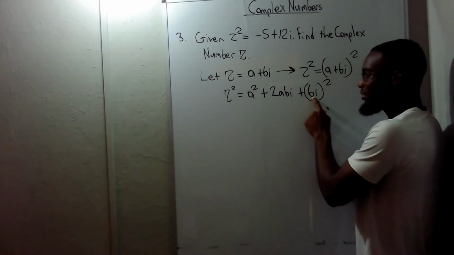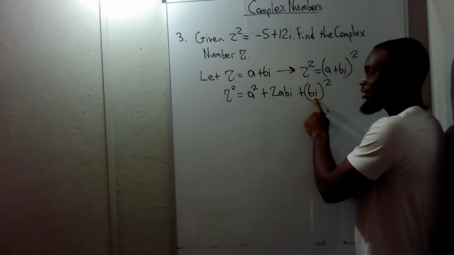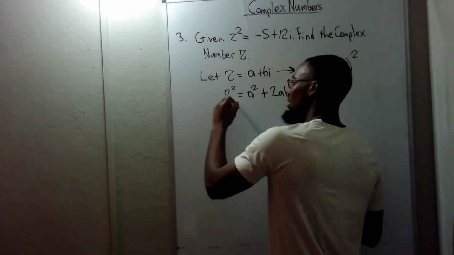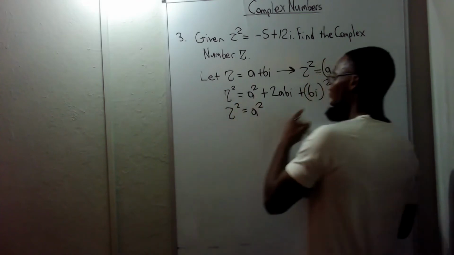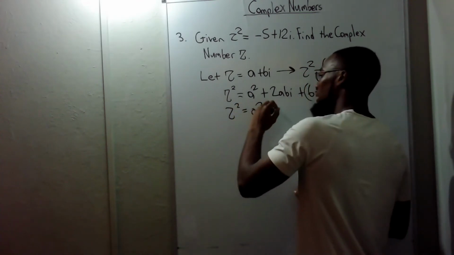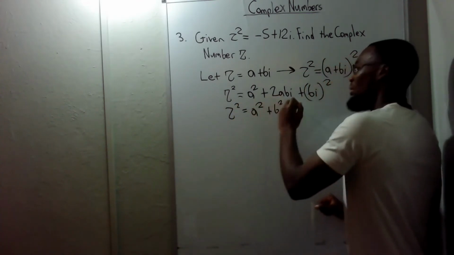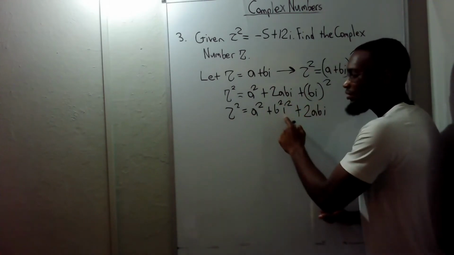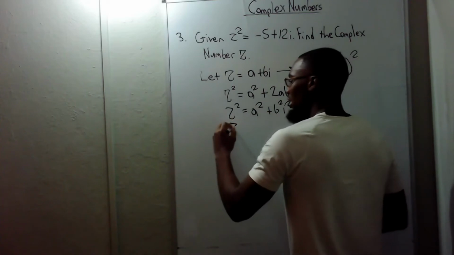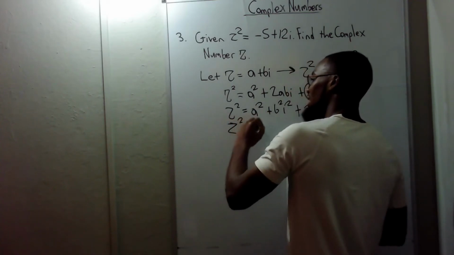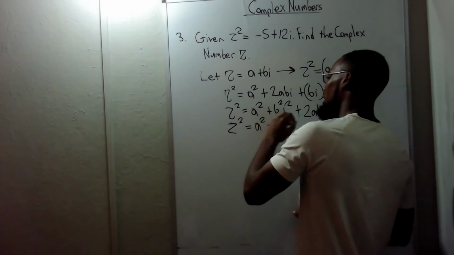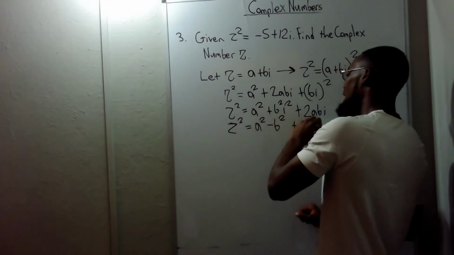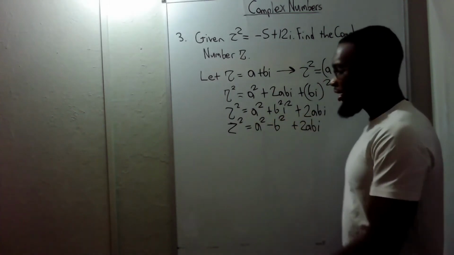So z squared is equal to a squared plus b squared i squared plus 2abi. But i squared is negative 1. So z squared is equal to a squared minus b squared plus 2abi.